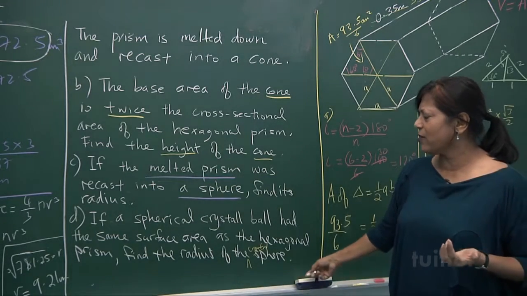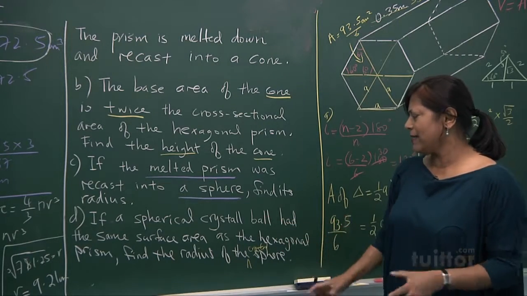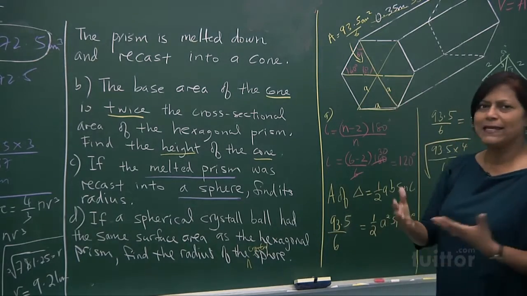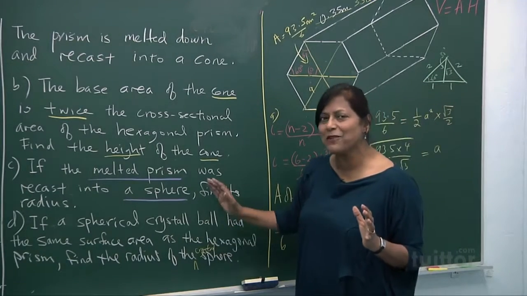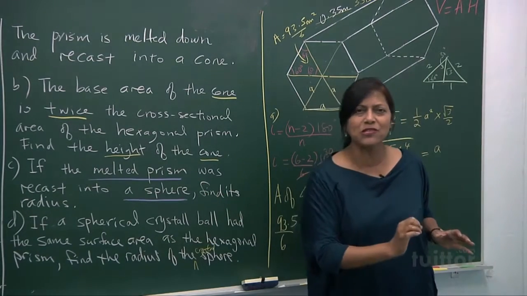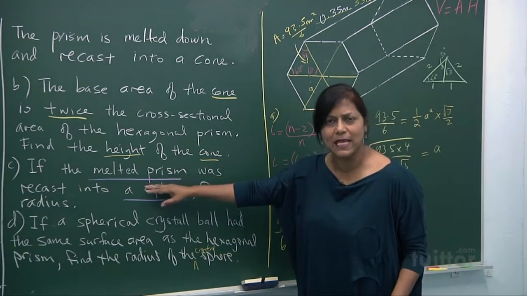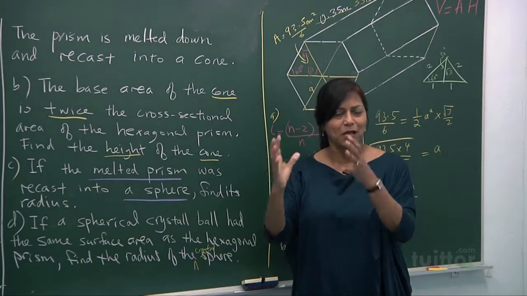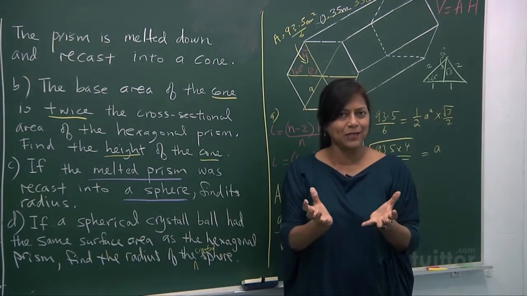Now let's look at question D. If a spherical crystal ball had the same surface area as this hexagonal prism, what is that radius? Now that's a totally different sum. I gave you this sum because I wanted you to see the fine distinction. In C, they both had the same volume, because it's melted and recast, so it's the same amount of matter used.